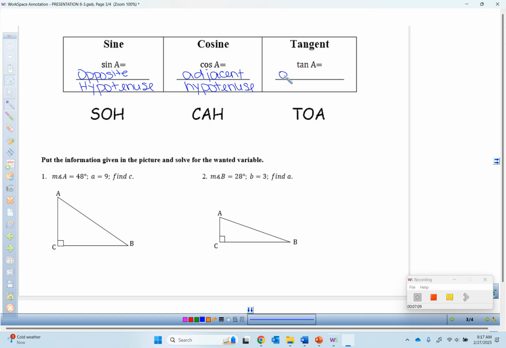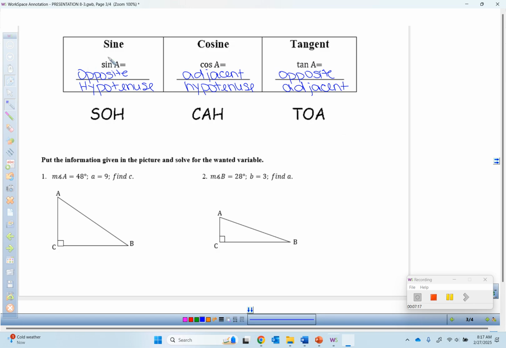And tangent is going to be opposite over adjacent. Okay? And so there has been an acronym to help us with this. It goes back many years, and it's SOHCAHTOA. Kind of like "soak your toe," but it's SOHCAHTOA.